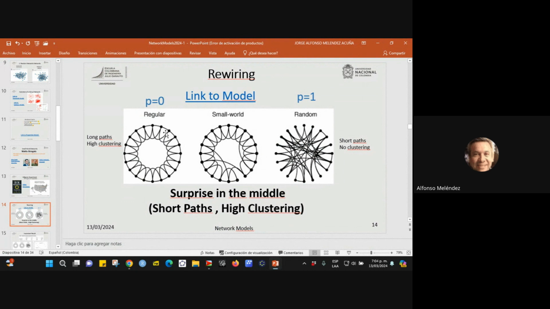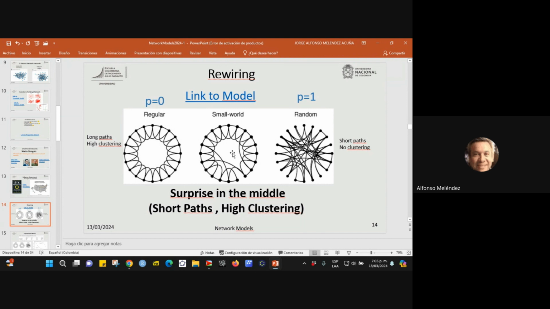Because look, this is long paths and high clustering. This is short paths and no clustering.